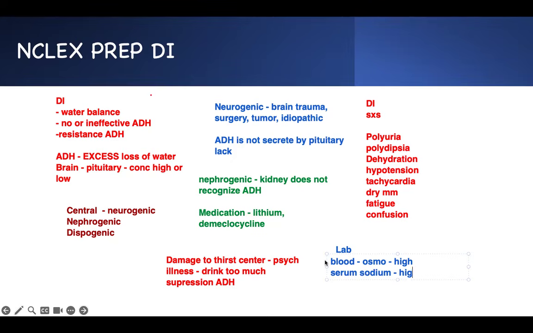If the blood is concentrated and you pee a lot, your urine becomes what? Dilute. So your urine osmolarity, which is the same as specific gravity, is going to go what? Down, low. And your urine sodium also goes low. Your urine becomes what?